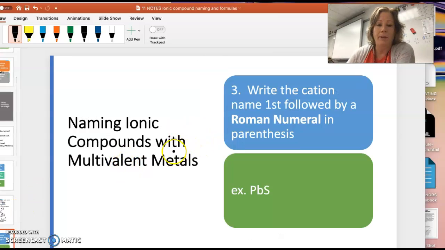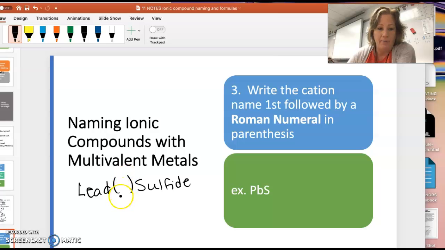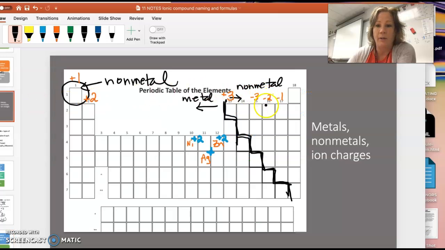So when you do have a multivalent metal like this one, you have to figure out which lead that is. We're still going to call the cation lead, and then sulfur becomes sulfide. But the question is, what's the charge of the lead? So I go back and I know that sulfur is right here, so I know sulfur is -2.